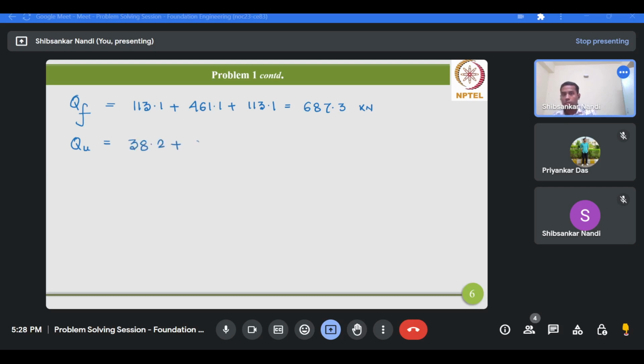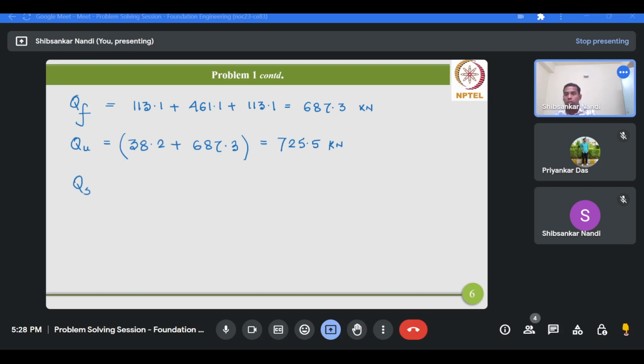Therefore, the ultimate load carrying capacity of the pile will be 38.2 plus 687, that means 725.5. Please correct me if I am wrong in the calculation part.